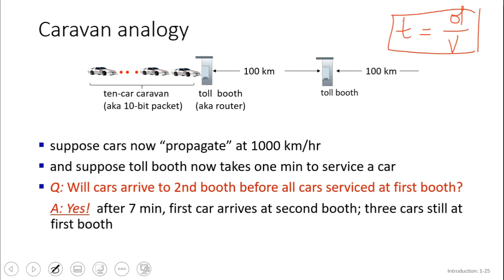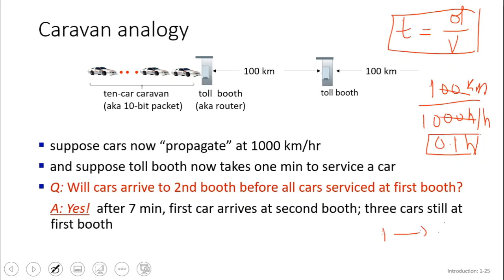Now the distance is still 100 kilometers, and then we have the speed, which is 1000 kilometers per hour. That is 0.1 hour.